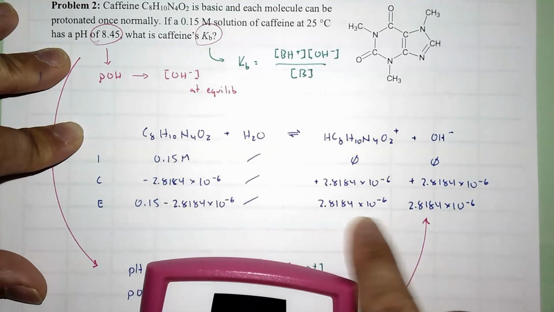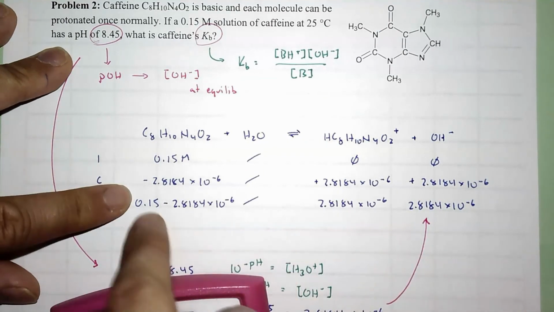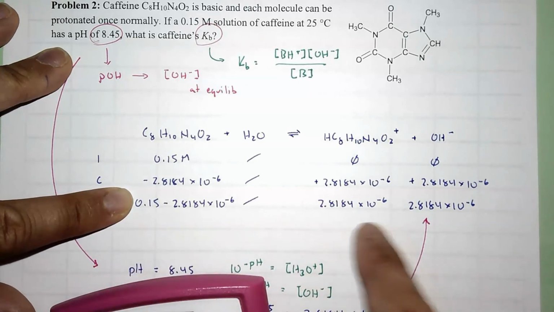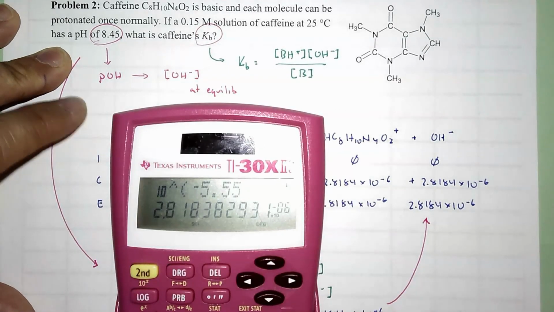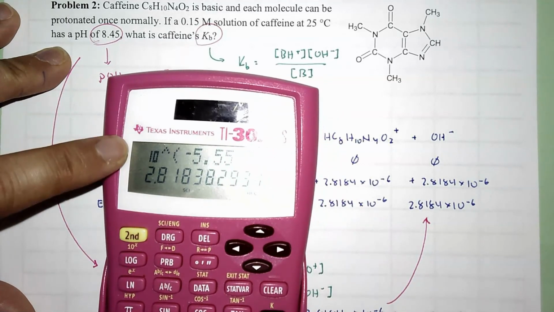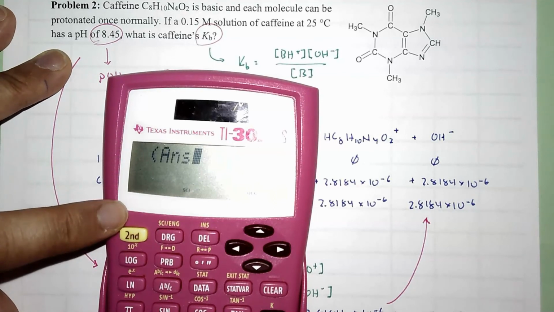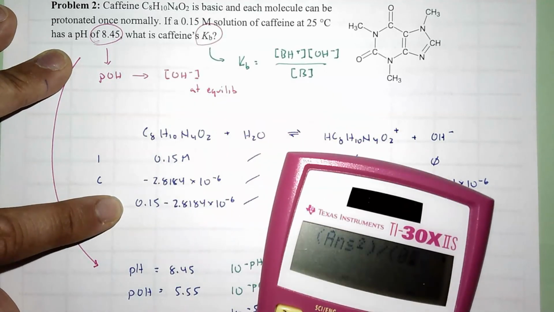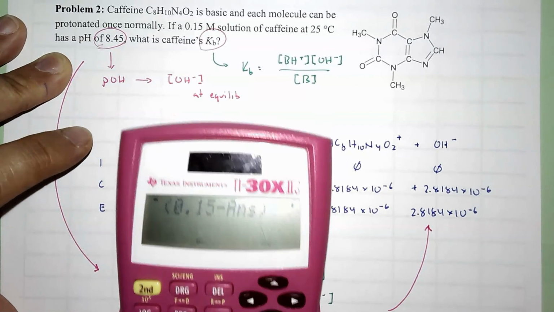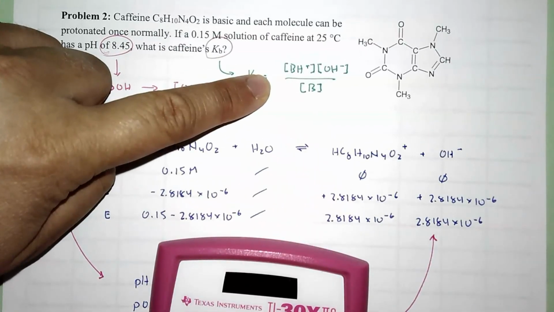It's really x squared over 0.15 minus x, or answer squared divided by 0.15 minus answer, and that should be this expression.